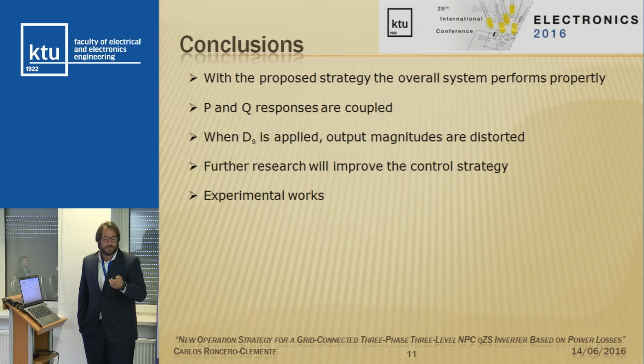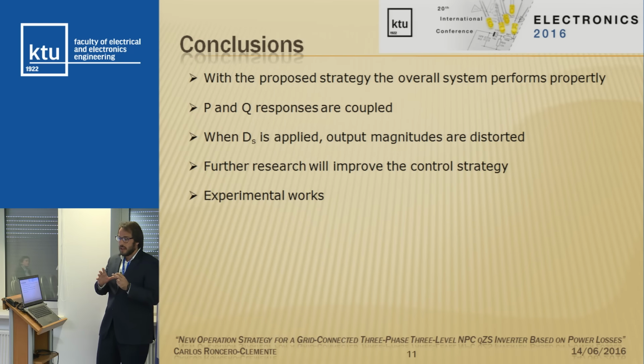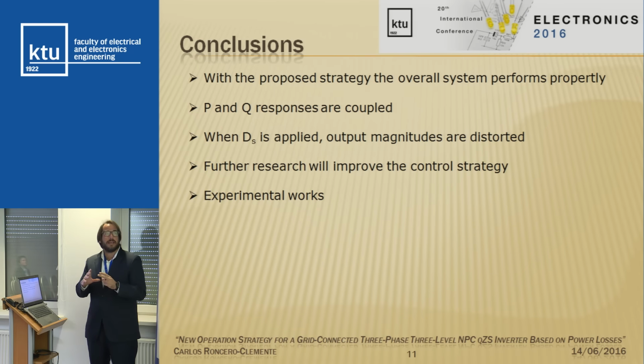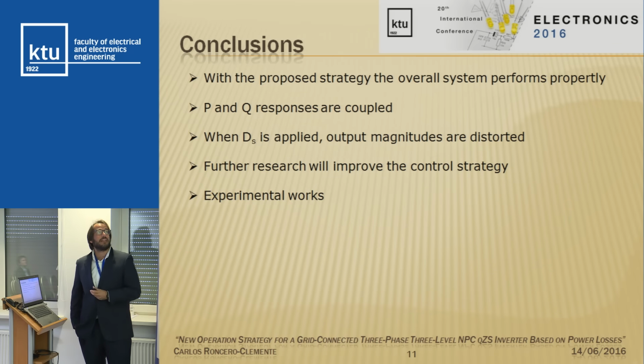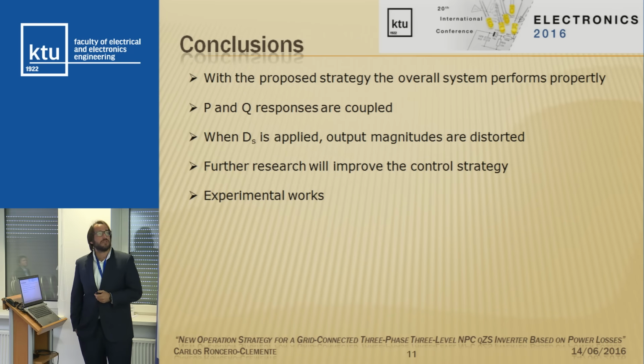As the main conclusion of this work, with the proposed strategy, the overall system performed properly. Active power and reactive power responses are coupled because the delta angle and the generator voltage also affect the generated active power, but we made some assumptions in the equations.